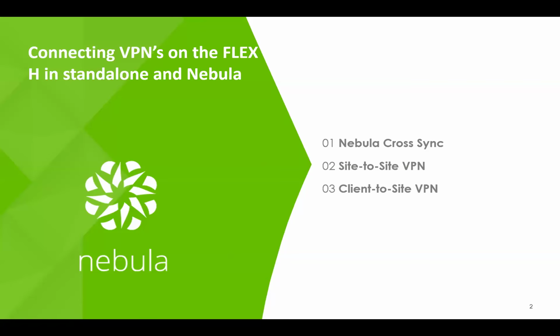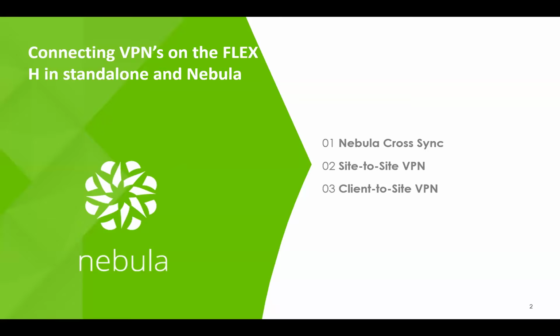Well, previously with the H series, you had your standalone mode, and then you also had your cloud managed mode. Now, cloud managed mode can see things that you already had configured, but it didn't share the configuration 100%. Now with this latest update, whenever you make a change on the Nebula side, it will sync to the local side GUI and vice versa.